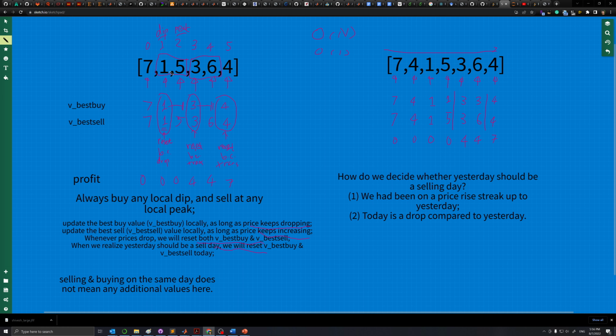If there's a price drop, we have the current value lower than what? Lower than the previous sell value or previous buy value?